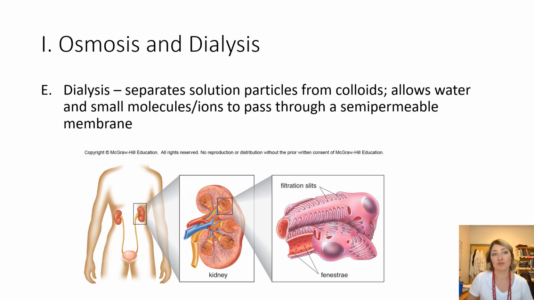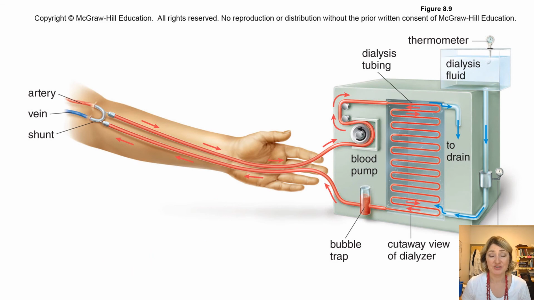A great application of dialysis and this idea of the selectively permeable membrane is when a person is incapable, their kidneys no longer function to remove waste from the blood, we put them on hemodialysis or dialysis treatments.